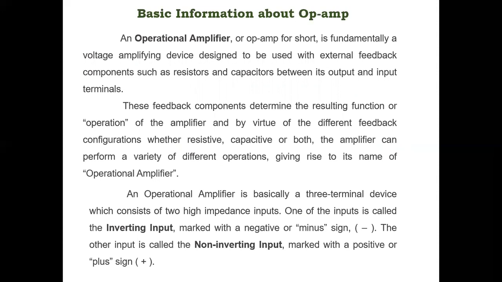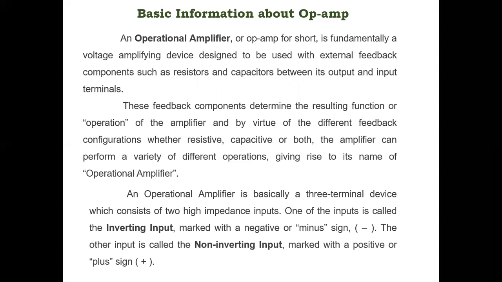These feedback components determine the resulting function or operation of the amplifier, and by virtue of different feedback configurations, whether resistive, capacitive or both, the amplifier can perform a variety of different operations, giving rise to its name, the operational amplifier.